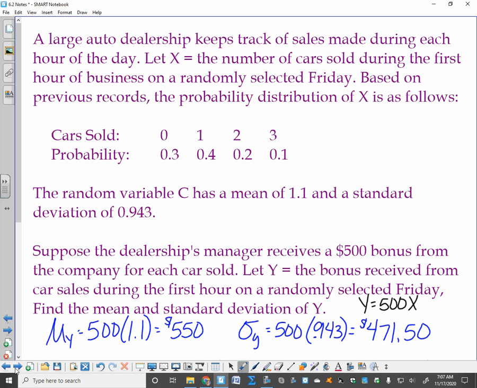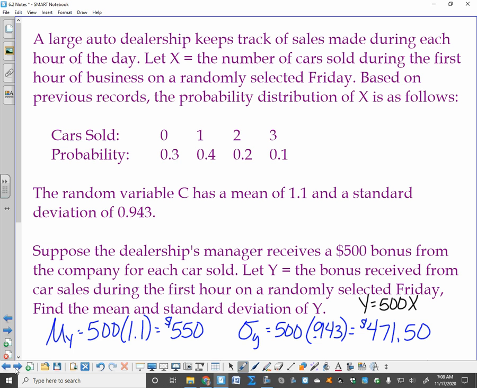Based on previous records, the probability distribution of X is as follows. Okay, so again, this is the first hour of business on a Friday. We have cars sold, 0, 1, 2, or 3, and we have the probability that we're going to sell that many cars.